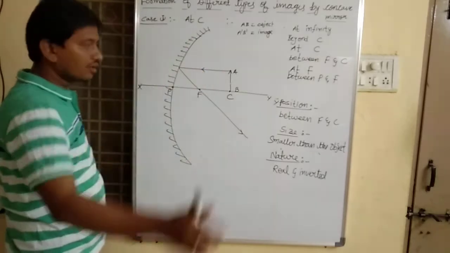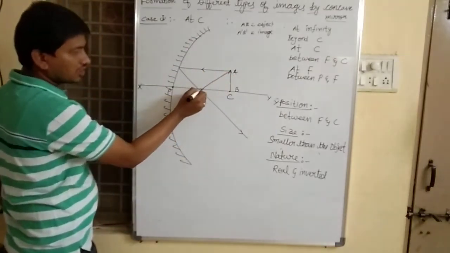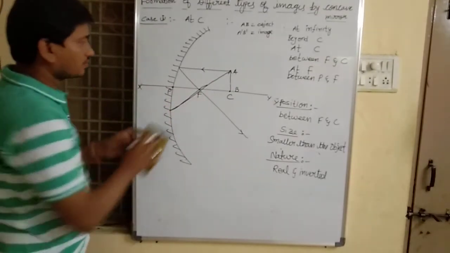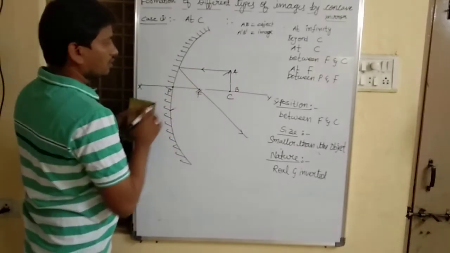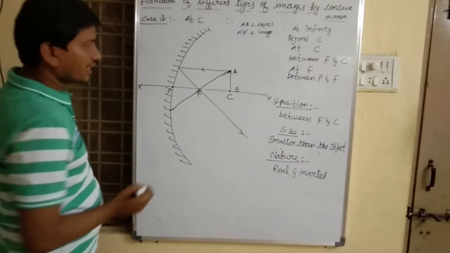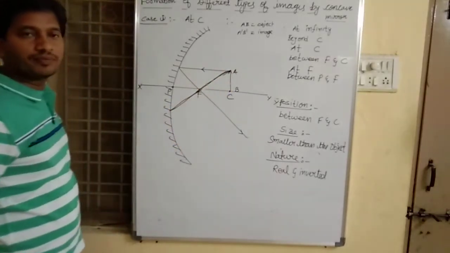Now my second ray, which is coming from source A only, is passing through the focus of a concave mirror.